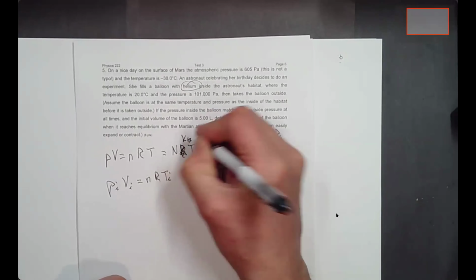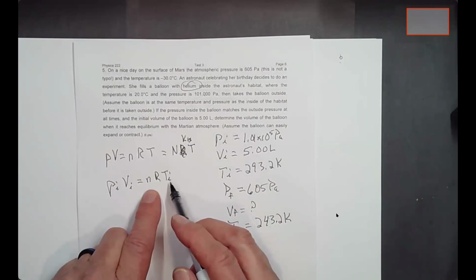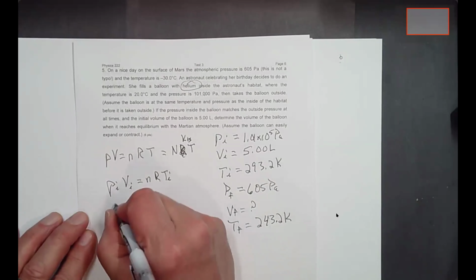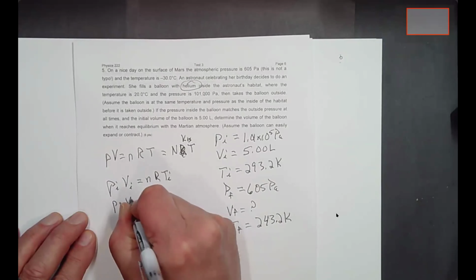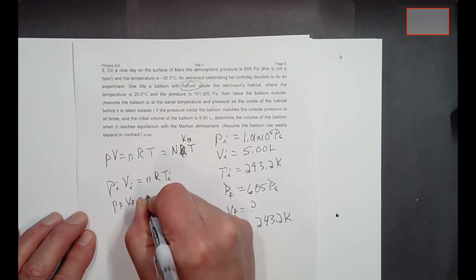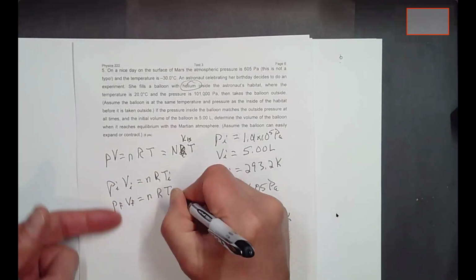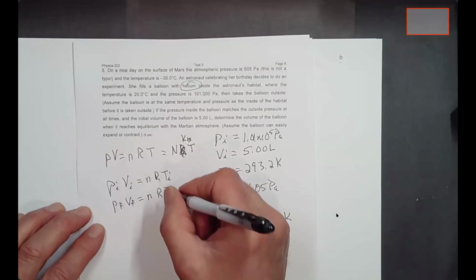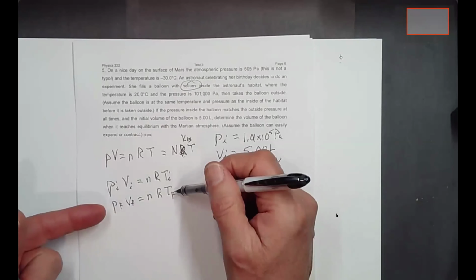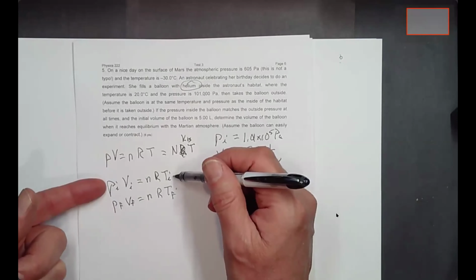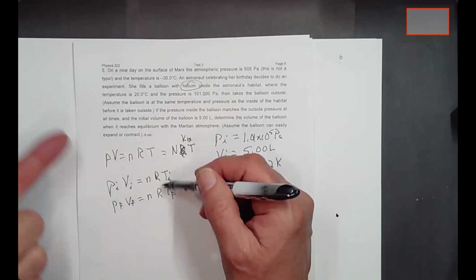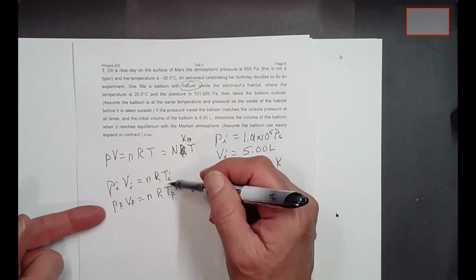But I don't need to, and I'll show you why. I'll have P final, V final equals N R T final. What I'm going to do is divide this equation by that one, because I don't care about the N and the R. I just want to know what the final volume is.